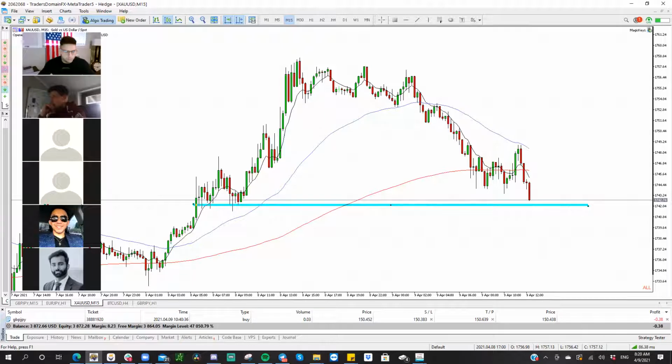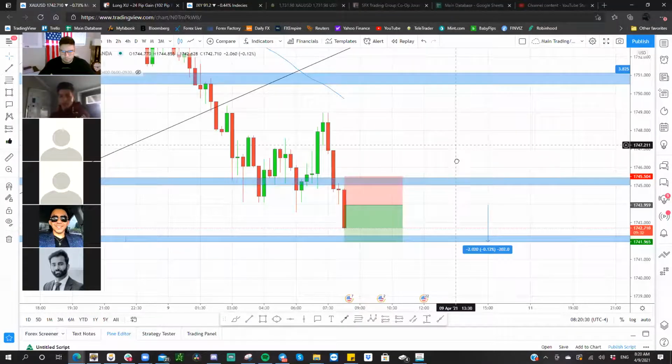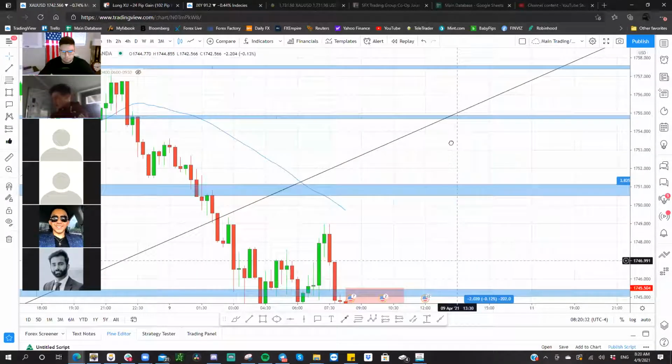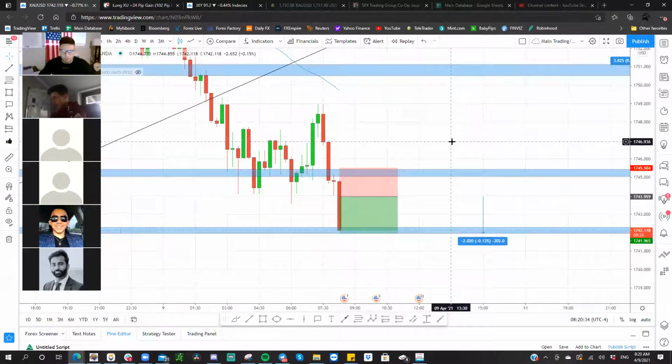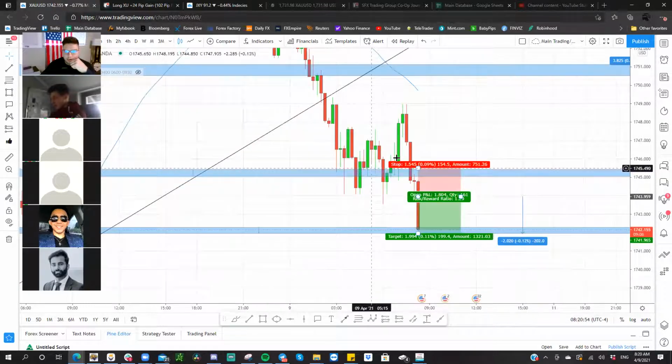And there goes gold. Did this setup make sense to you guys?